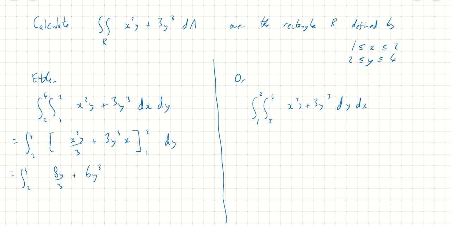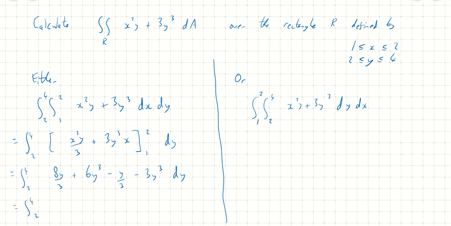And then we take away the lower limit: if x is 1, x cubed is 1, we get y over 3, and we also take away the second term. If x is 1, we just get 3y cubed, dy. And now we've eliminated x from our integral, so we're down to a simple integral in y.